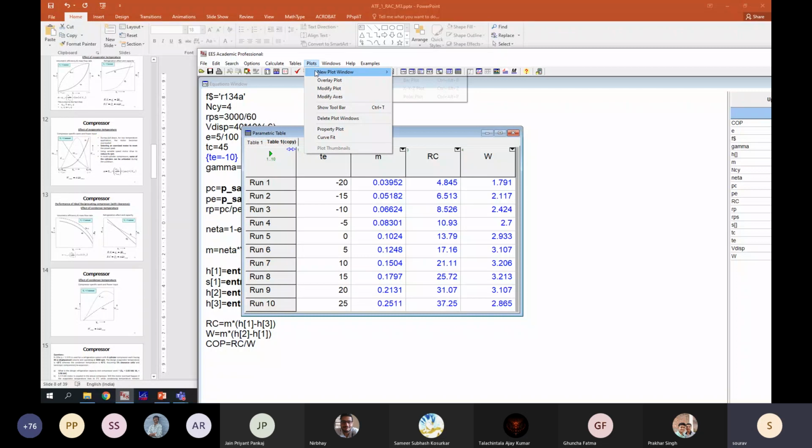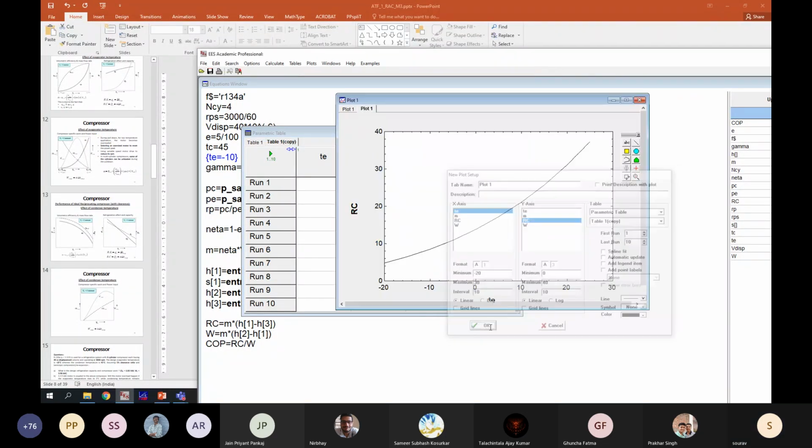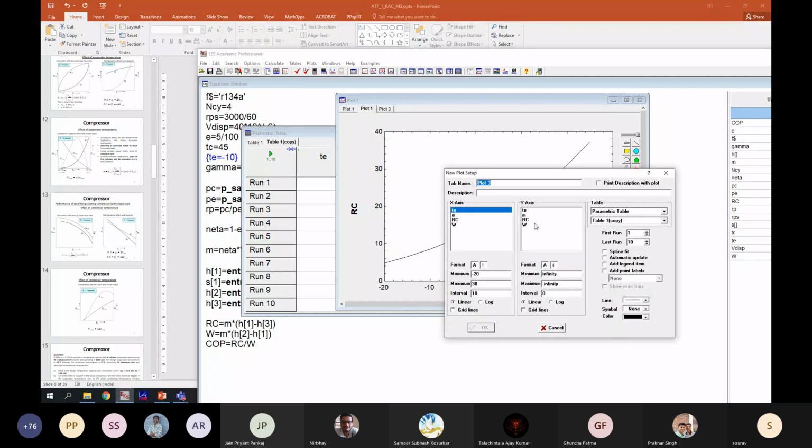Okay, now we go to plot. XY plot. Let's look at the refrigeration capacity. Okay, let's create the work consumed by the compressor.